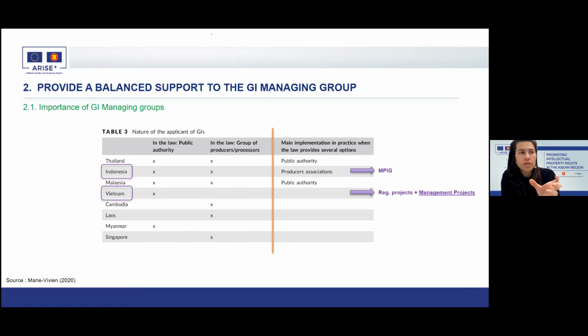So it's a strategy in two times. First you register, and it will be done by public authorities, and then, not all the time, but now it's most of the time, there will be a management project to develop a GI managing group.